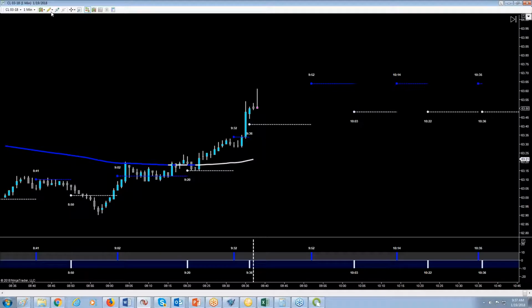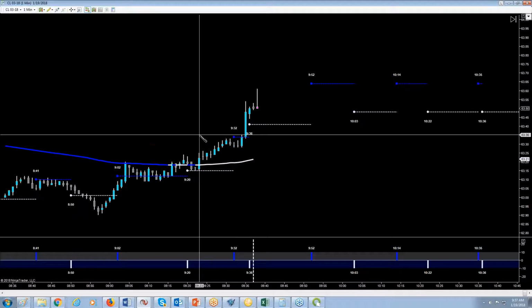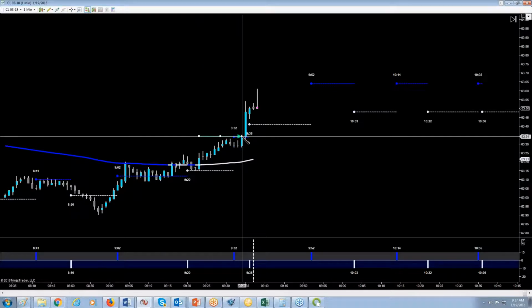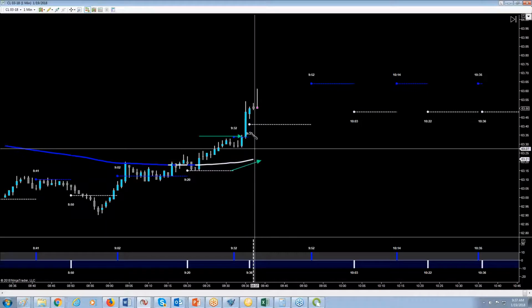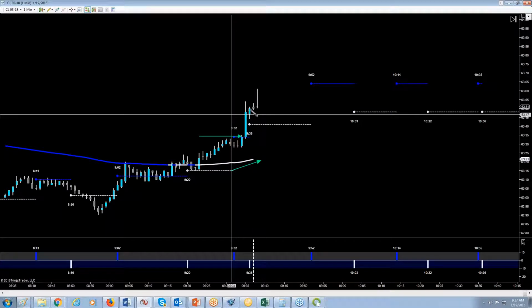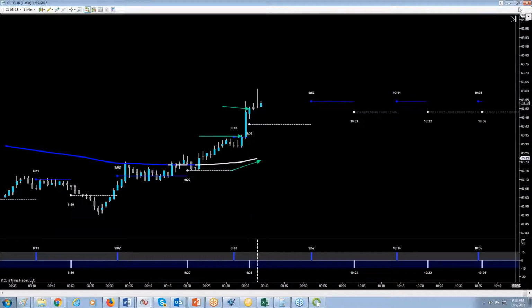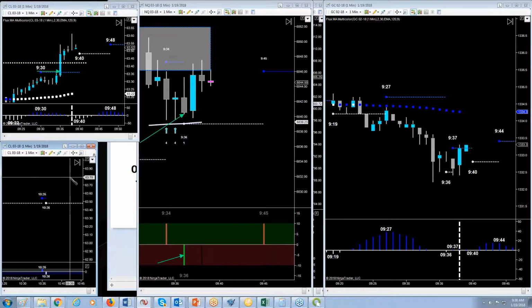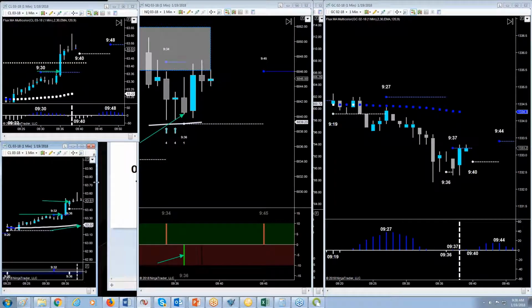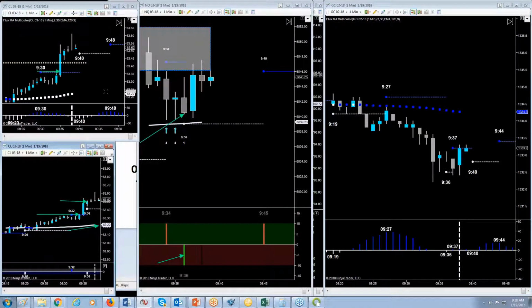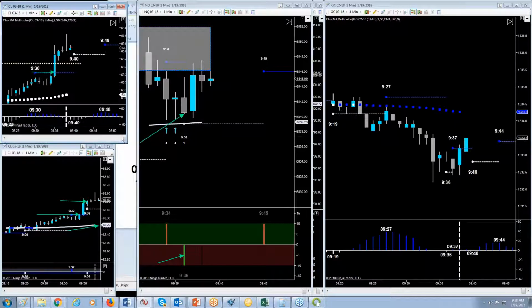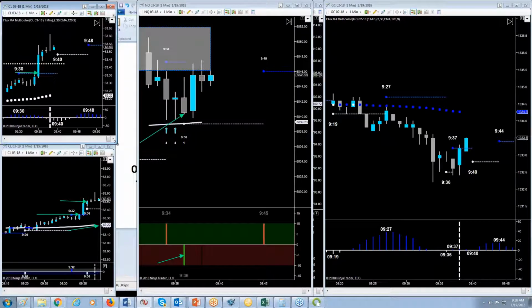There's the puncture of the opposite signal in the direction of the trend, and then there's the signal in the direction of the trend right here. Both of which are working really well today. So the next signal on CL in the direction of the trend is at 9:40.